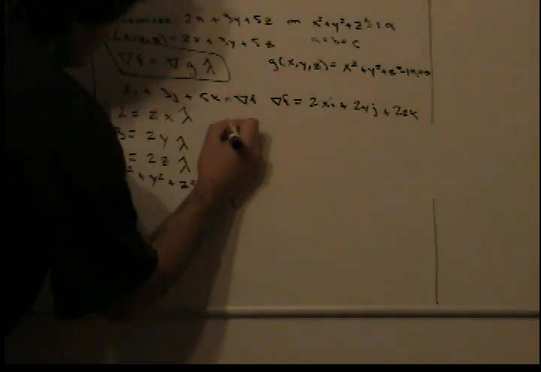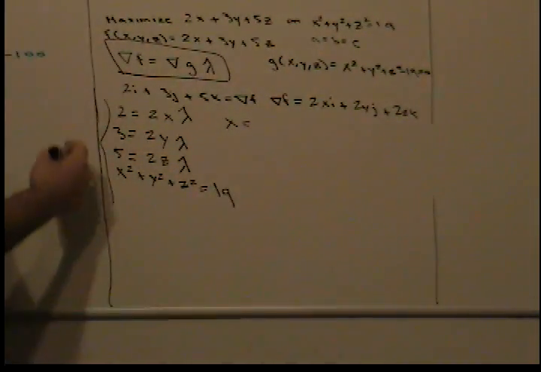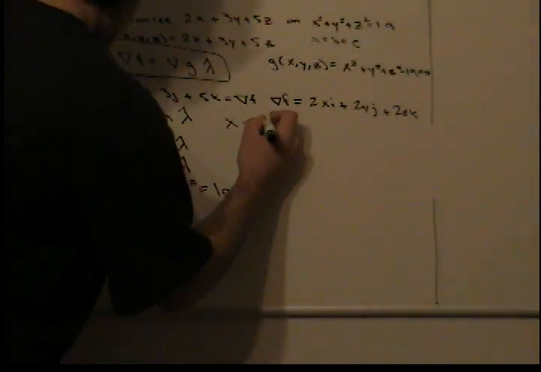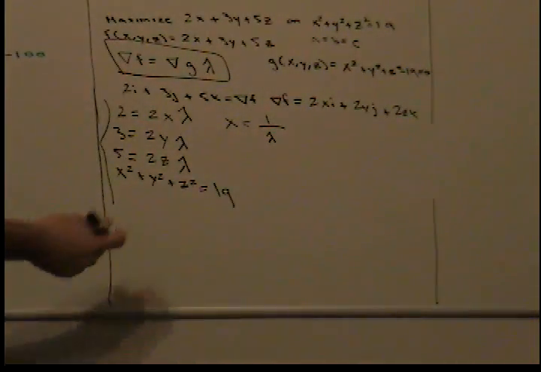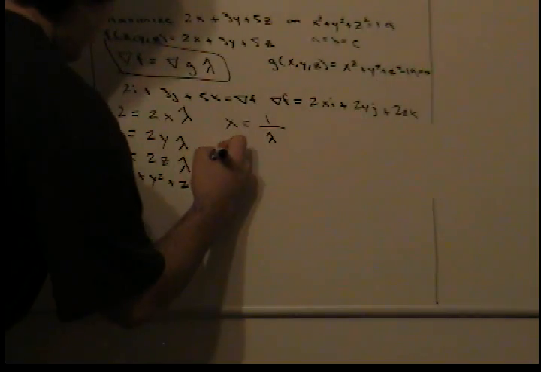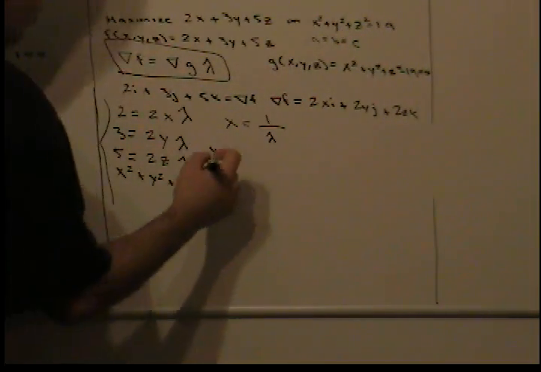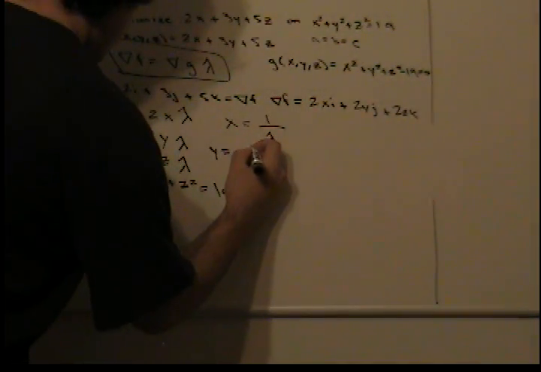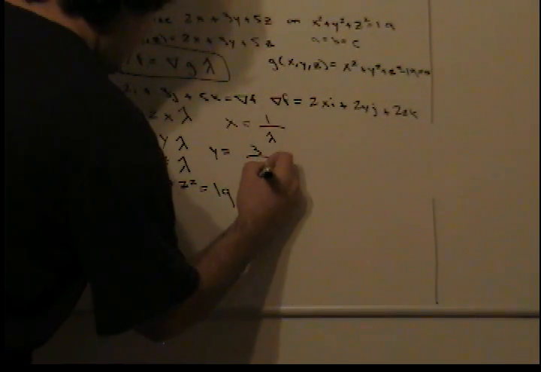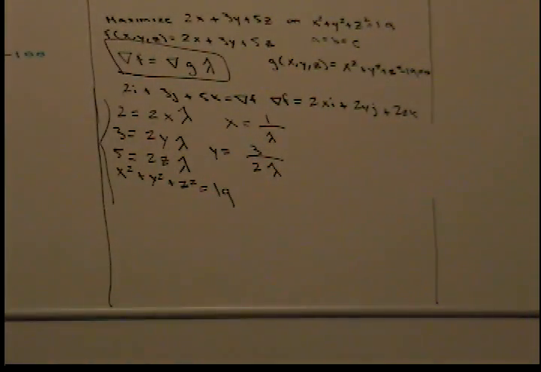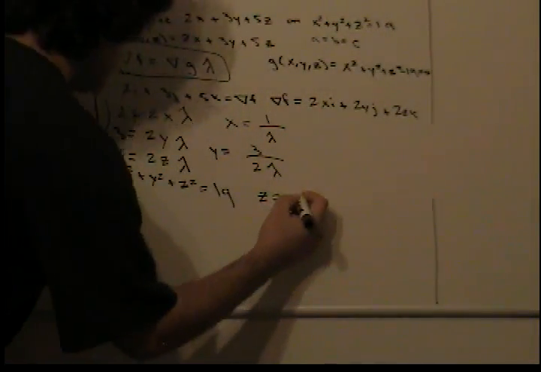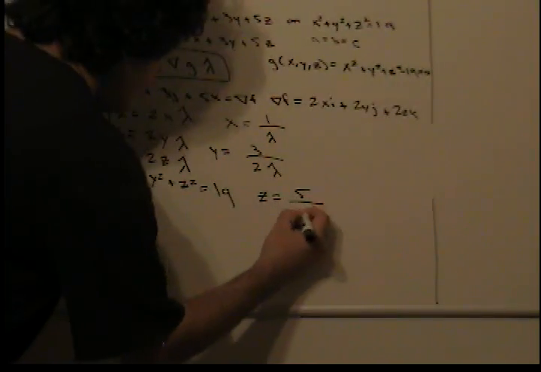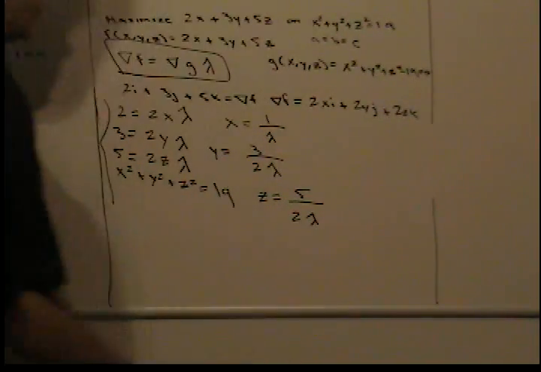If we get x by itself, we get x equals 1 over lambda. So x is a function of lambda. We can get y by itself, and y is 3 over 2 lambda. And if we get z by itself, z is equivalent to 5 over 2 lambda.